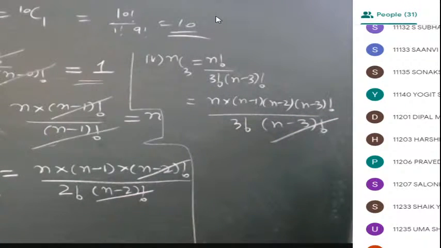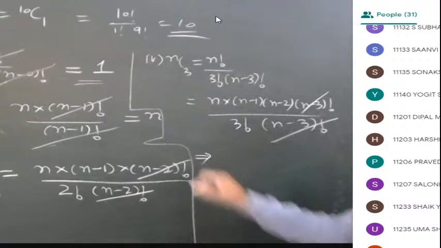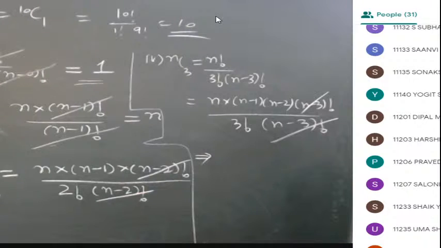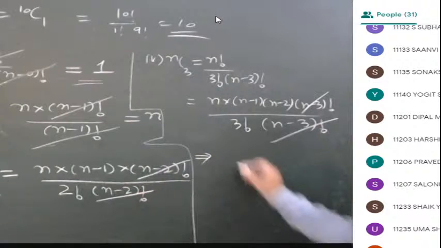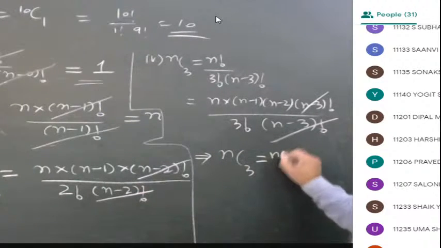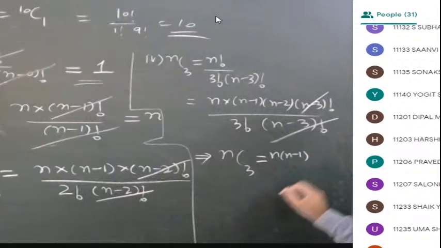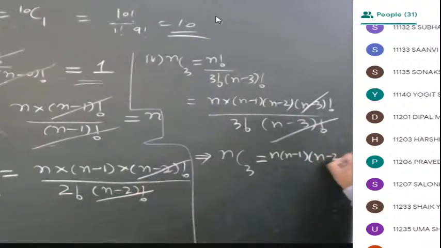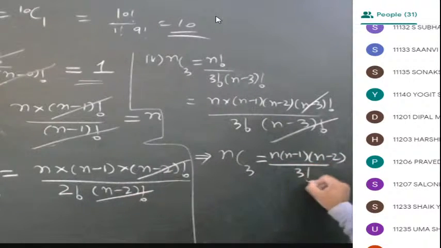N minus 3 factorial gets cancelled. Manvesh Thakur has raised hand. Manvesh, you want to say something? Okay. NC3 equals n into n minus 1 into n minus 2 whole divided by factorial 3.